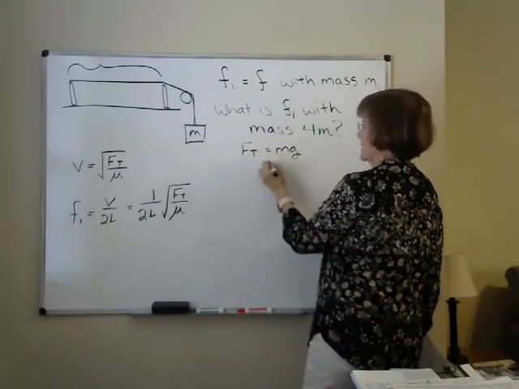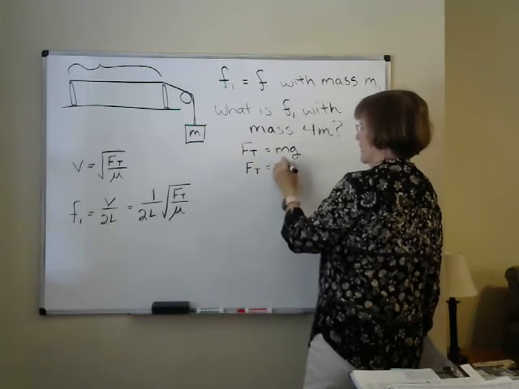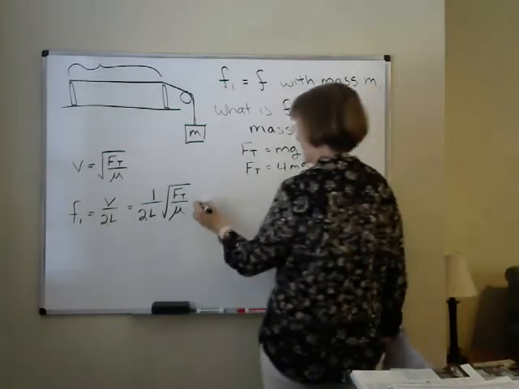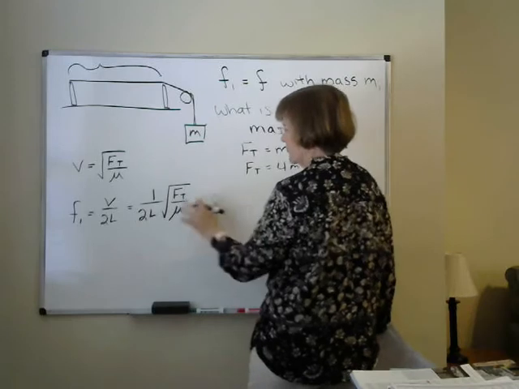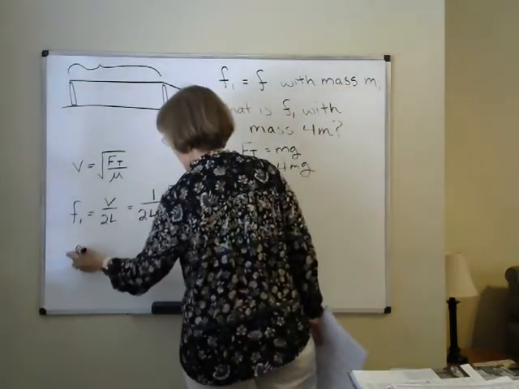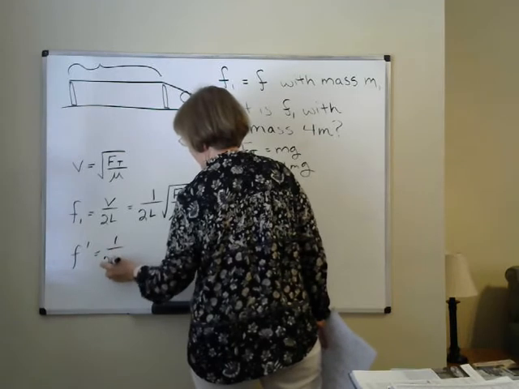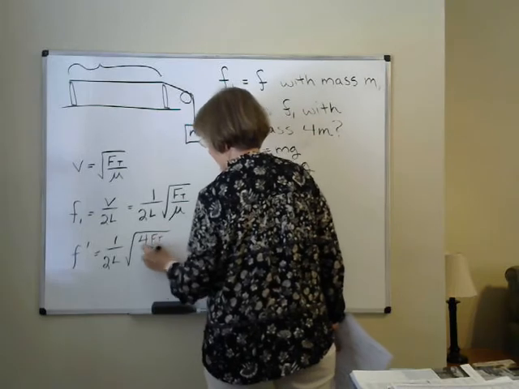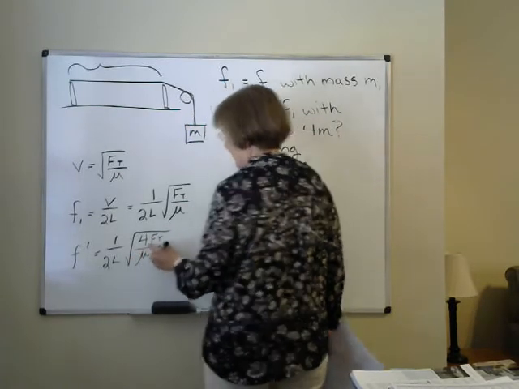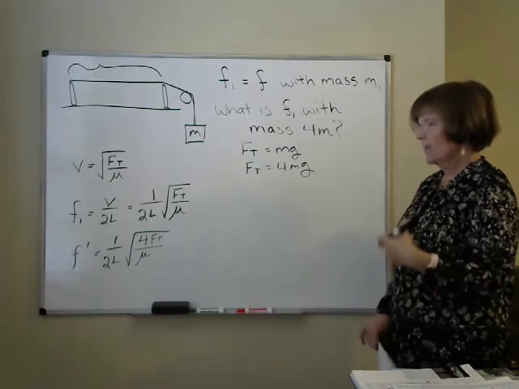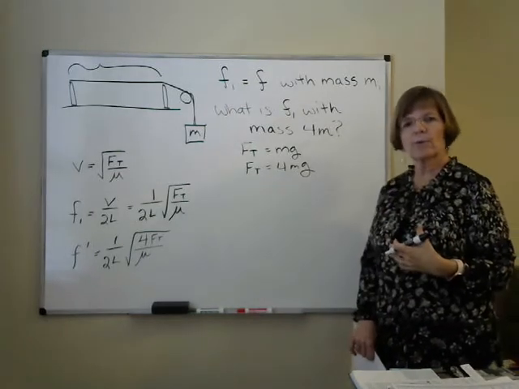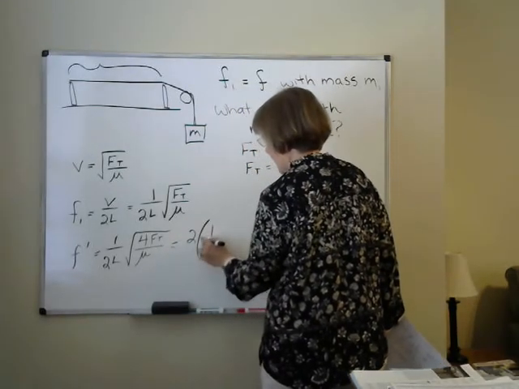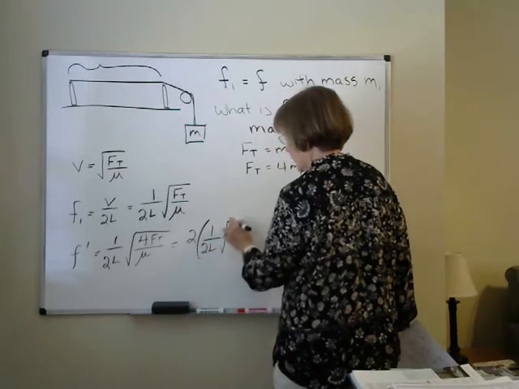So the new one is going to be 4 times as big. All I'm going to do is put that in there. So my original one is this. My new one, okay, the only difference between those two is that square root of 4, which is 2. This is going to be exactly like 2 times, and then I would have 1 over 2L square root.